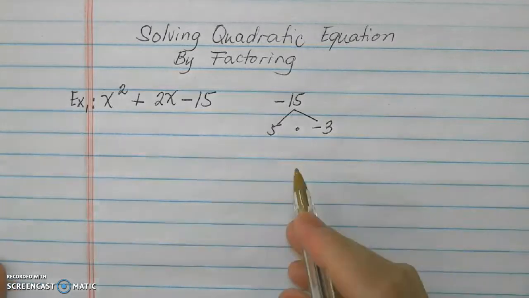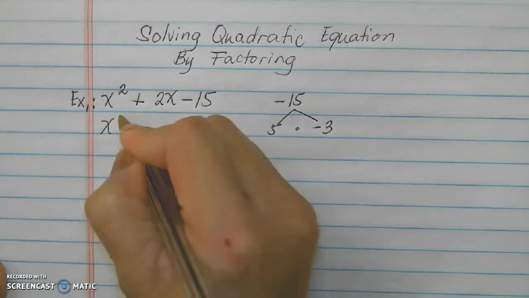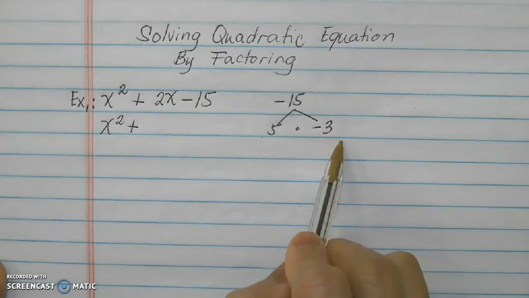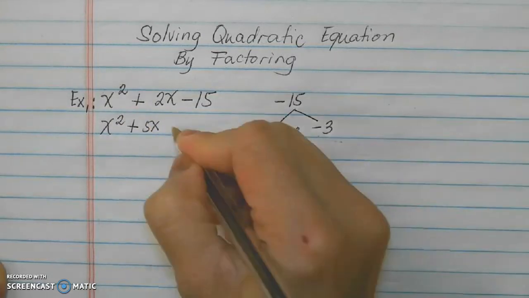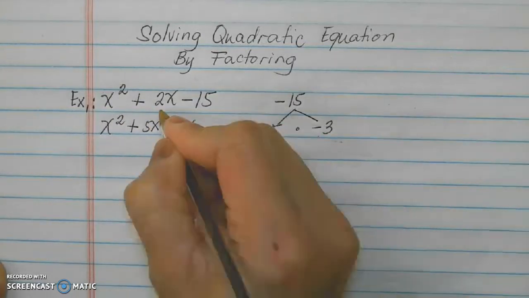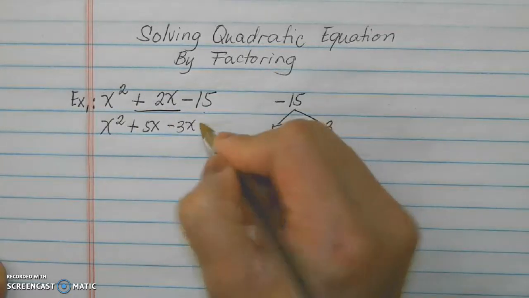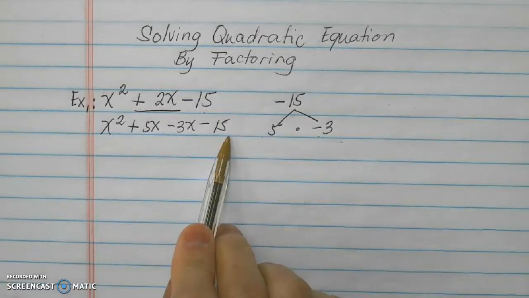And so now we're going to rewrite this as x squared plus, we're going to use these factors, 5x minus 3x, in place of the positive 2x. And then we're going to rewrite the negative 15. We are now going to group them.